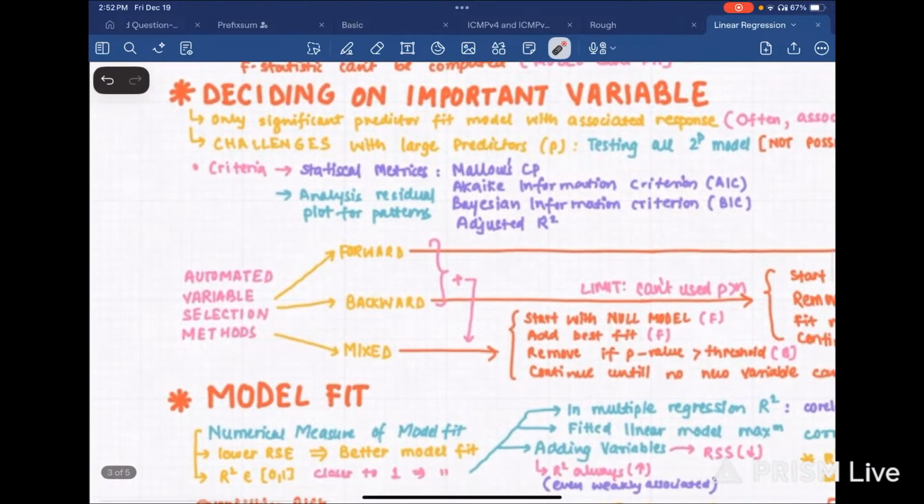So there are automated variable selection methods.